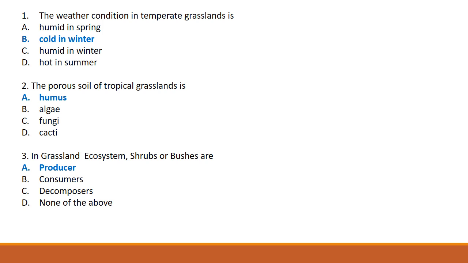Third multiple choice question is in grassland ecosystem, shrubs or bushes are: A. Producer, B. Consumer, C. Decomposers, and D. None of the above. The answer is A. Producer. Shrubs, grass and herbs are the producers in grassland ecosystem.